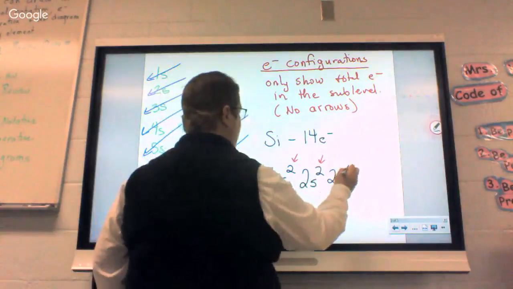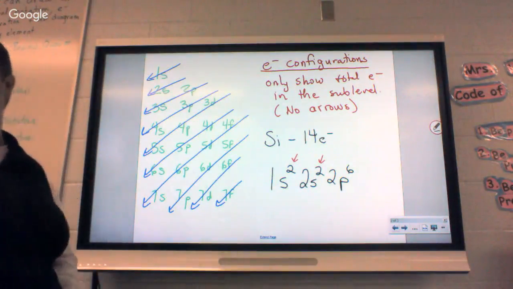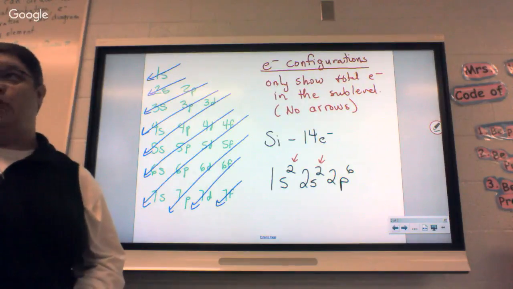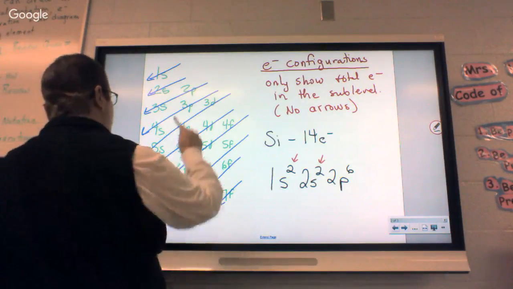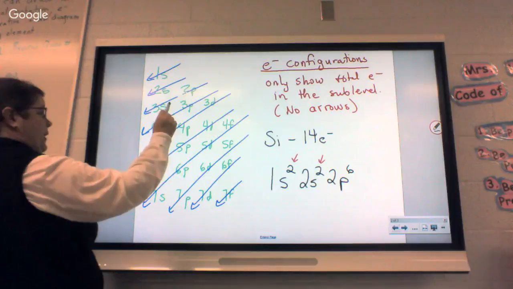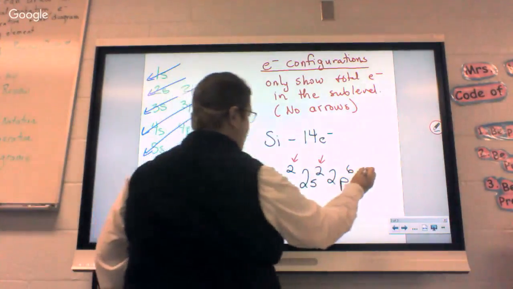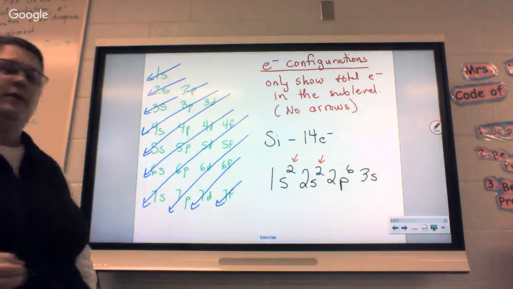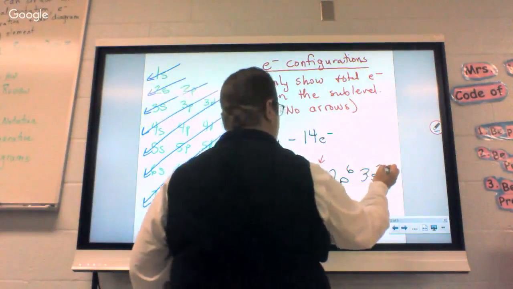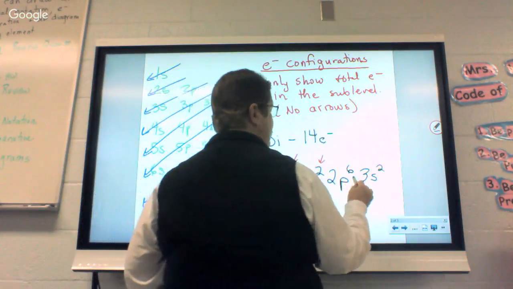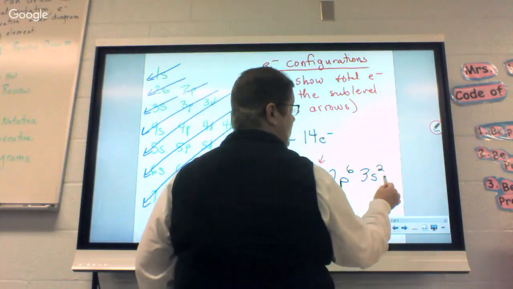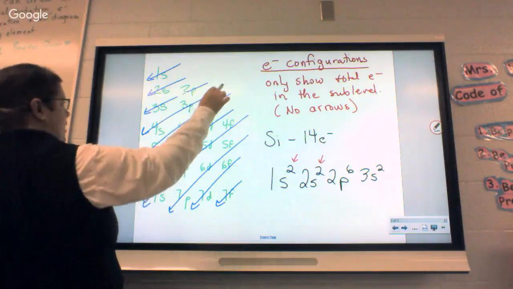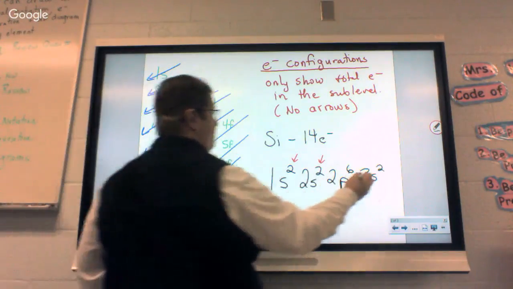How many electrons can be in a p? All right, so I'll put a 6 here. 2 plus 2 plus 6 is what? 10. I'm not at 14 yet. So, back to my chart. What comes after 2p? I write 3s. How many electrons can go in 3s? I write 2. So 2 plus 2 plus 6 is 10 plus 2 is 12, I'm almost there. So after 3s comes 3p.